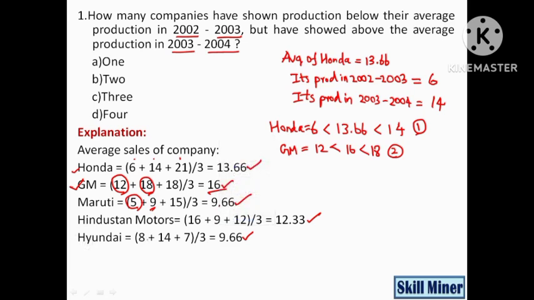For Hyundai, the average production is 9.66. In the first year, it produced less than the average, and in the second year, it produced more than the average. So Hyundai is one of the answers. So totally three companies, Honda, GM, and Hyundai, satisfy the condition given in the first question. So the answer will be 3.